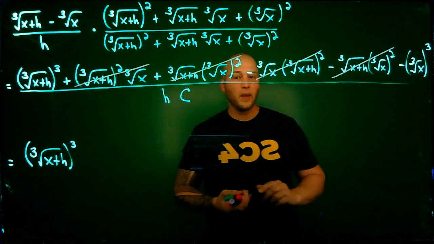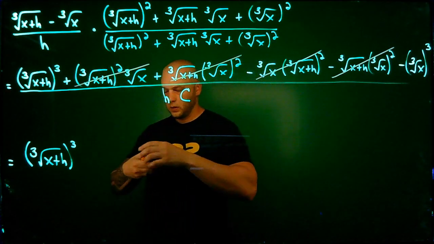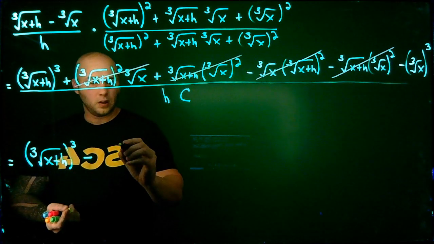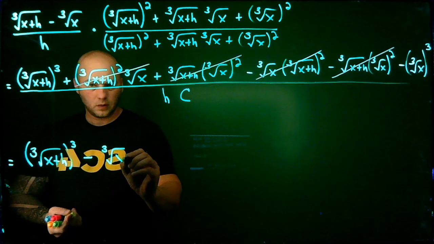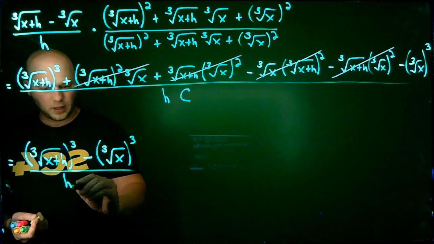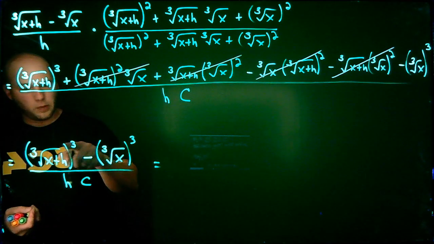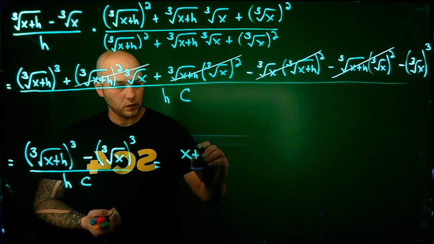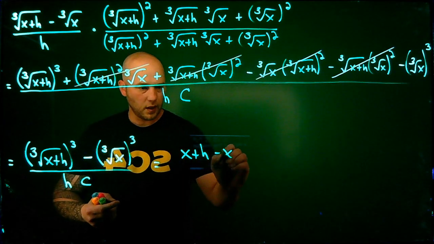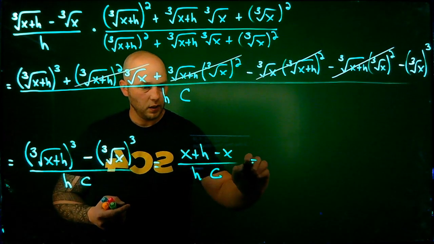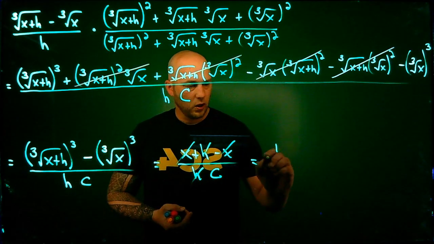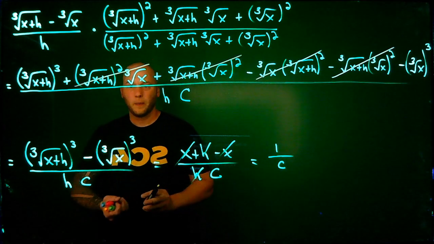And the only things that remain are the first term and the last term, which means this is minus the cube root of x cubed all over h times the conjugate. And of course, the cube of a cube root gives me x plus h. Cube root cube cancels, minus x all over h times the conjugate. And of course, the x's cancel, and then the h's cancel. So my end result is the reciprocal of the conjugate.